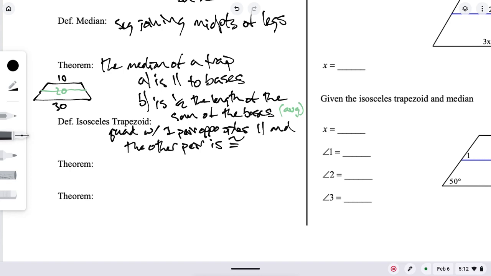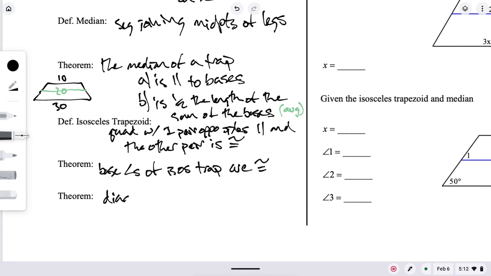Otherwise, there's two theorems for that. My base angles in an isosceles trapezoid are congruent.